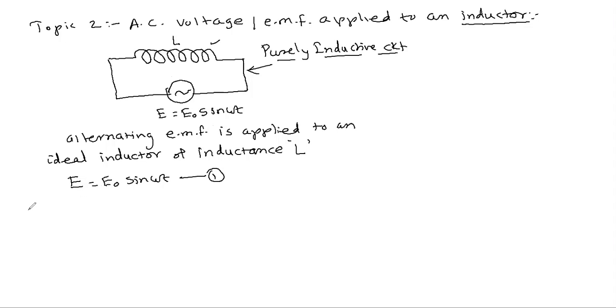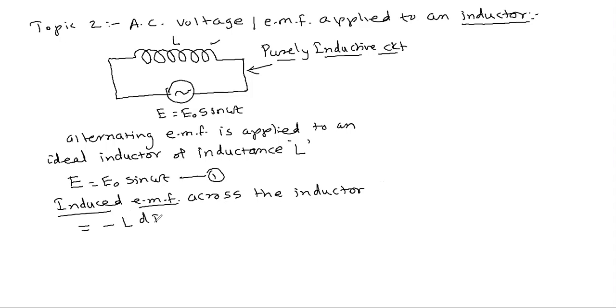Now the induced EMF across the inductor, which is equal to minus L di by dt. This value you also got from the self-inductance.